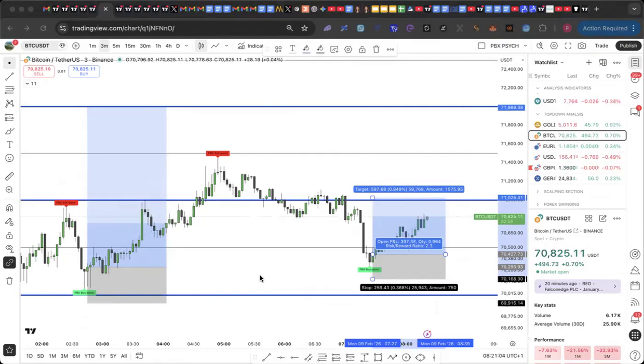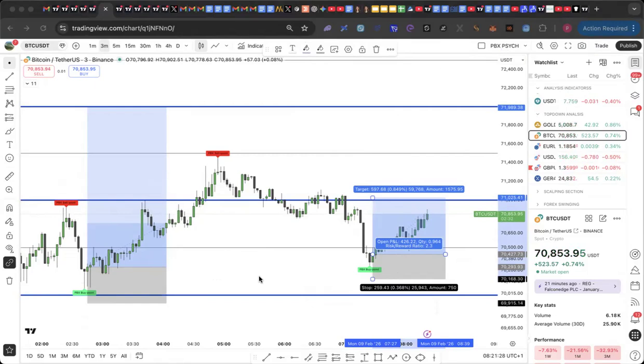If your account is not big, instead of that you might use 0.02. So 260 multiplied by 0.02 is just about $5.